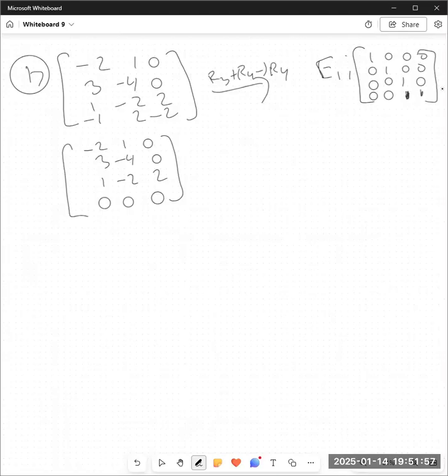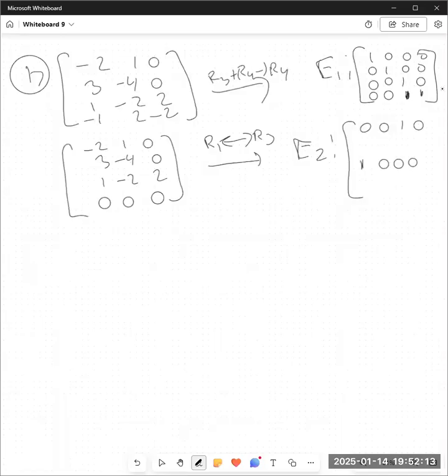Now I want to swap row 1 and row 3. So my E2 is going to be row 3 becomes this, and row 1 becomes this, and row 2 stays the same, and row 4 stays the same.